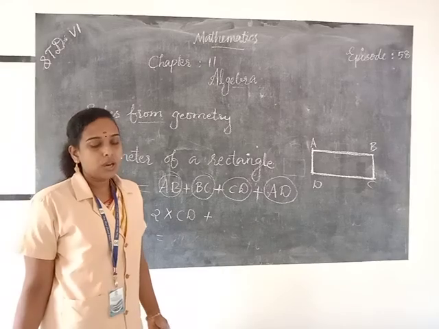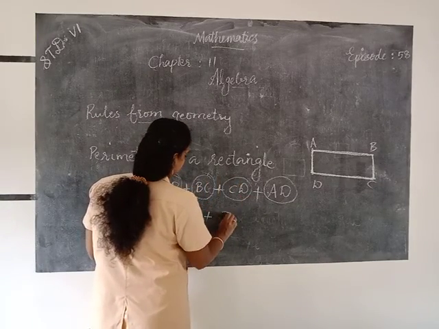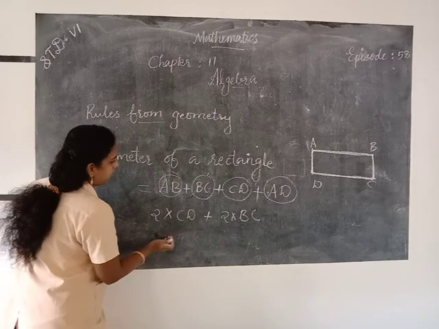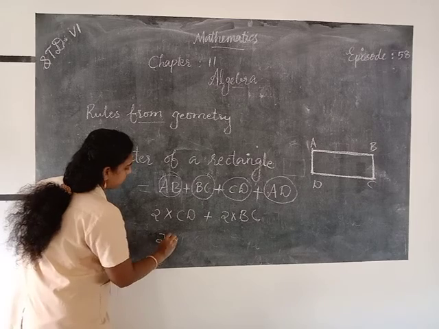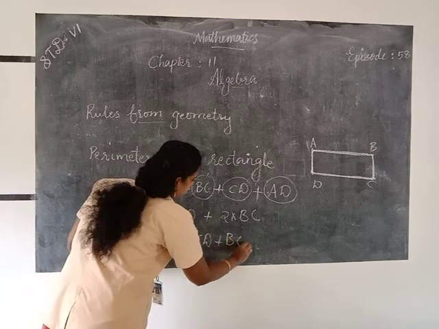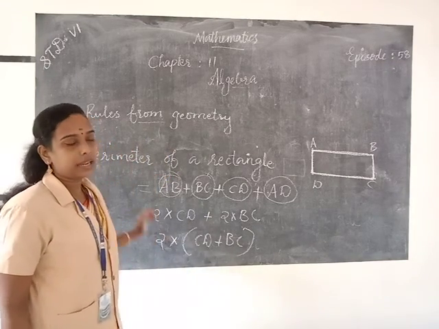So 2 into length of BC, length of one side. Here we can take 2 as the common, then 2 into CD plus BC. Then we get the answer to find the perimeter of a rectangle.